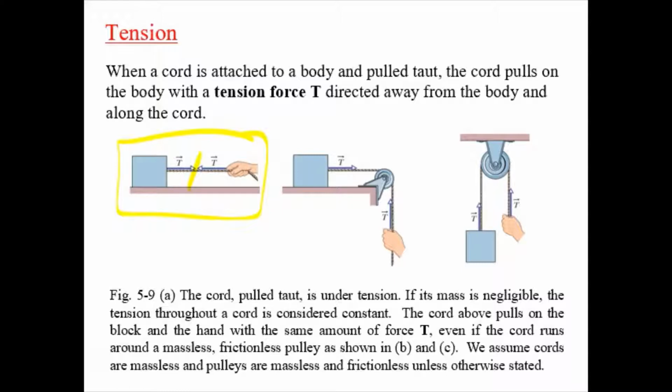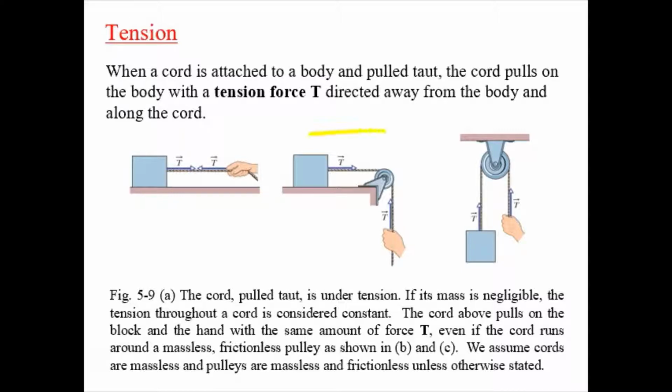What would happen to the person's hand? Their hand would go to the right, so the tension is pulling to the left on the hand. In this case, the tension in the rope is pulling to the right on the block. So the direction of the tension depends on what object you're looking at.